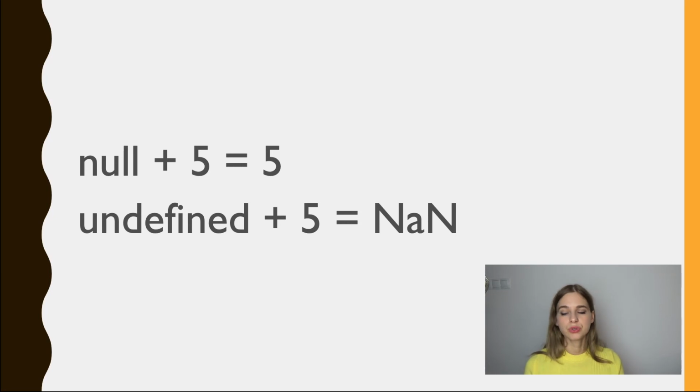So this would translate into 0, 0 plus 5, and it would give us 5. But undefined, JS couldn't recognize it as a number, so it would give it the value of not a number. And any operation on not a number would return another not a number. So in this case, undefined plus 5 would give us not a number.